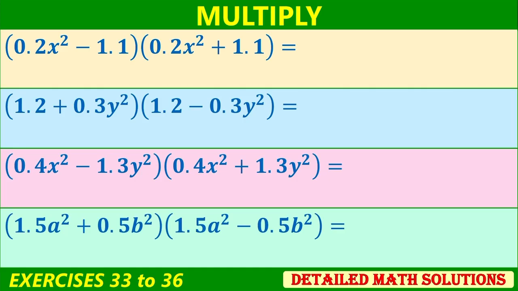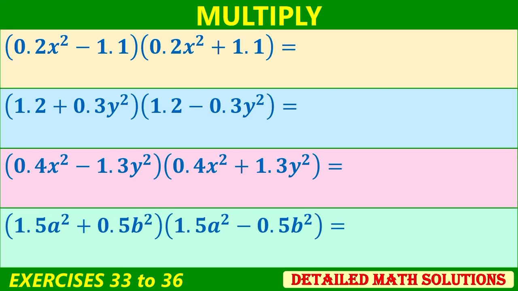I also have the same two terms in the second parenthesis. In the first parenthesis, it's the difference between the two terms, and in the second parenthesis, it's the sum of the two terms. Therefore, I can use the formula, and 0.2x squared will correspond to the a in the formula, and 1.1 will correspond to the b in the formula.